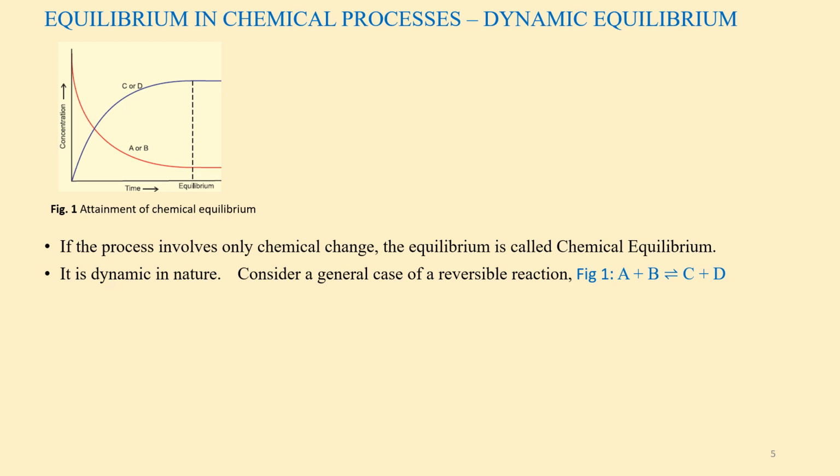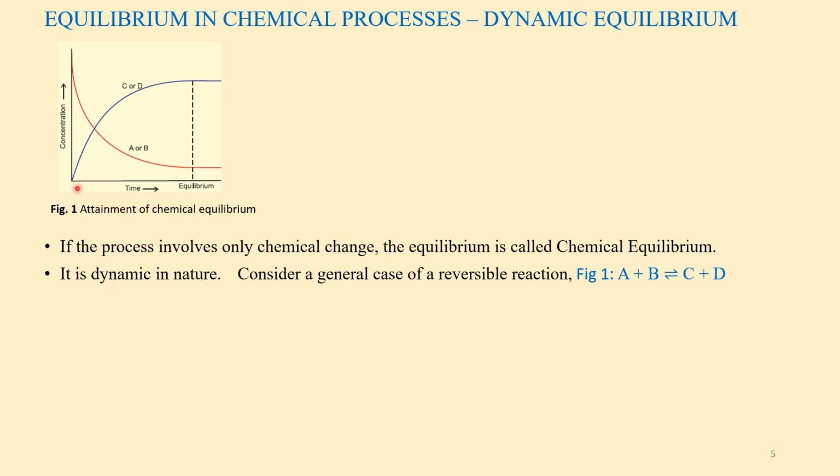The figure on the screen shows the graph of attaining a chemical equilibrium. In the initial stage, the concentration, which is given on the y-axis of the graph, for the reactants A and B is high, and with the passage of time the concentration decreases.